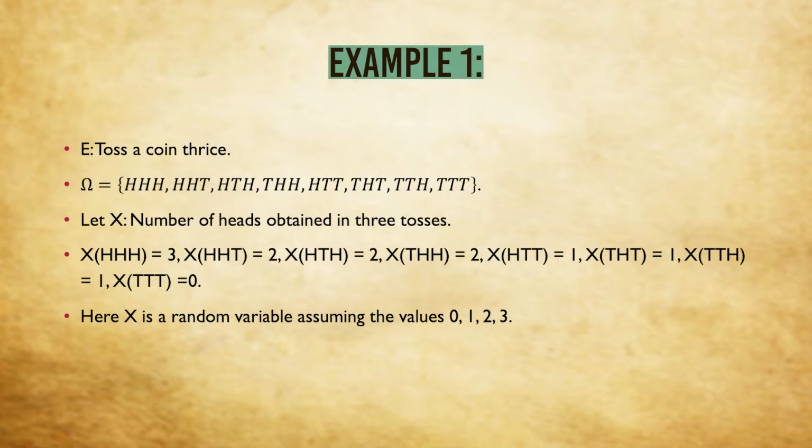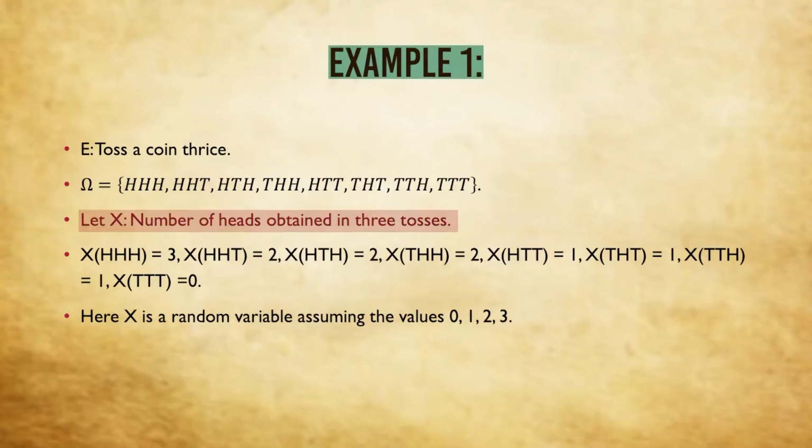So how many total number of outcomes are there when we toss a coin thrice? 8 outcomes. Now see, if I define a random variable x as, okay, forget about a random variable. First think about a variable. We define a variable x as number of heads obtained in 3 tosses. Now, when the outcome is HHH, what will be the value of x? 3, because there are 3 heads.